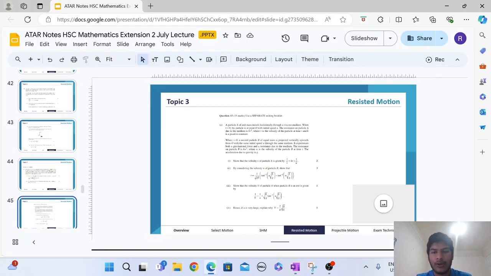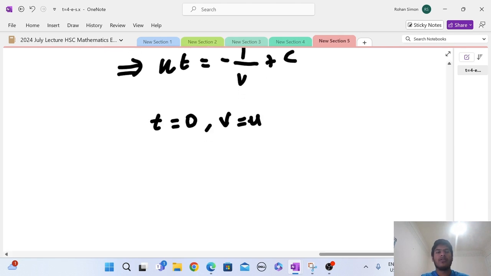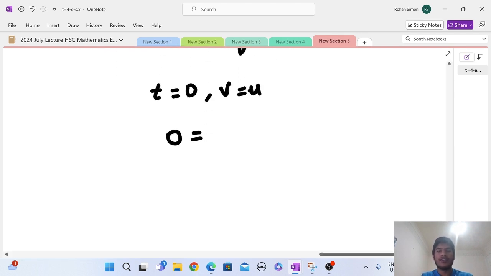And in order to evaluate what c is, we need some sort of initial condition, right? And that's where t equals 0, v equals u comes in. So that's our initial velocity. t equals 0, v equals u. So we have 0 equals minus 1 on u plus c.